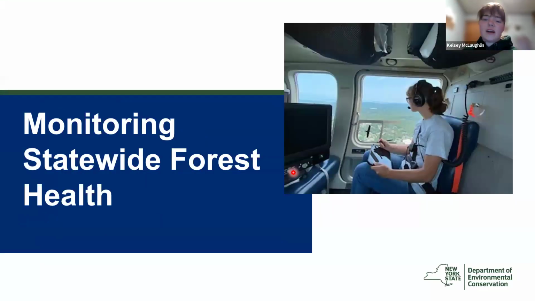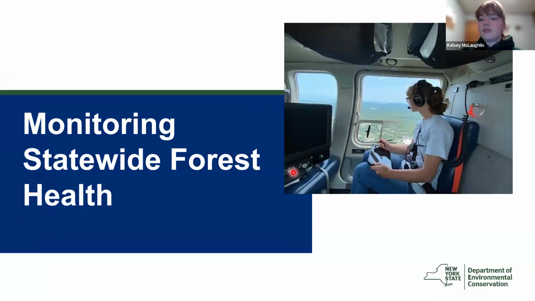All right, so now we're going to talk about how the DEC monitors tons and tons of trees at this massive statewide scale, right? And this is me doing one of my all-time favorite things to do. I'm in a helicopter and we're flying around looking at trees, and the thing I have in my hands is essentially an iPad.